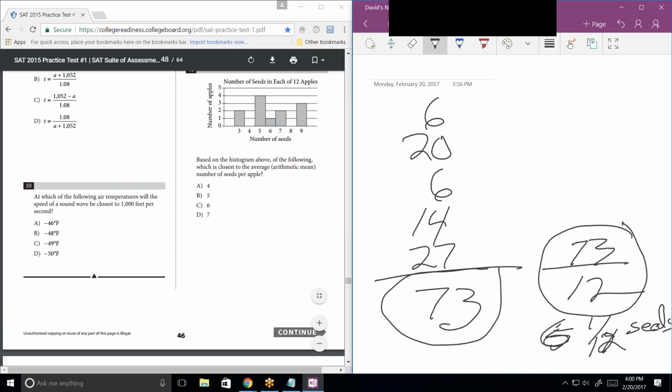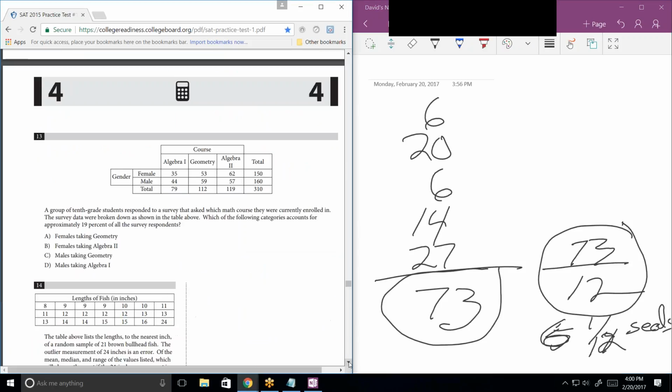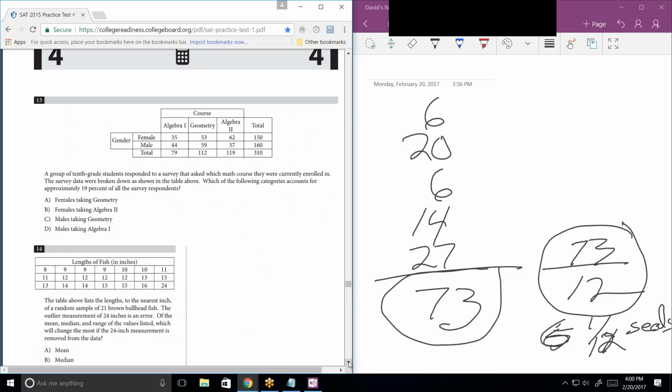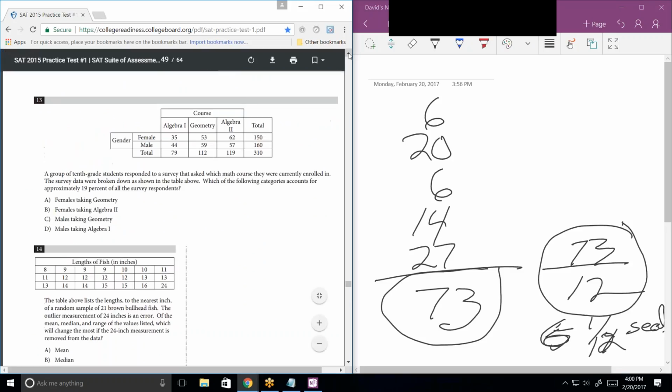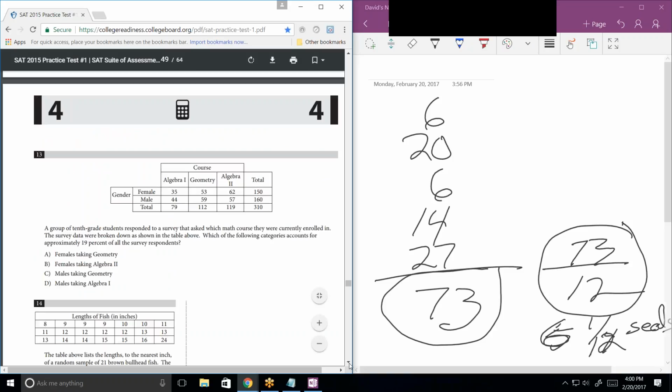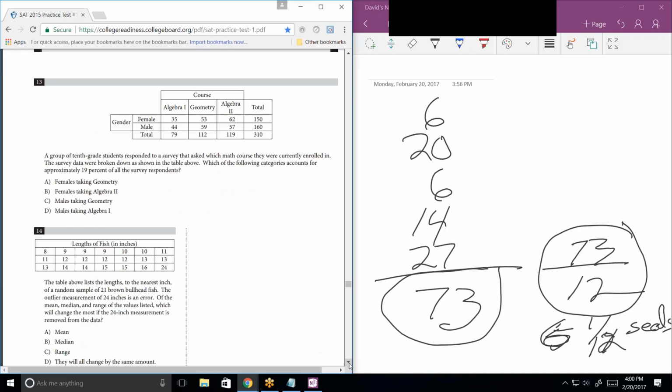Even still, that's a tricky problem, I think just because of the way they lay it out. Even if you do your division correctly. Hold on, let's see. Calculator portion. I guess when they tell you calculator portion, you can probably assume you're going to have to use your calculator.